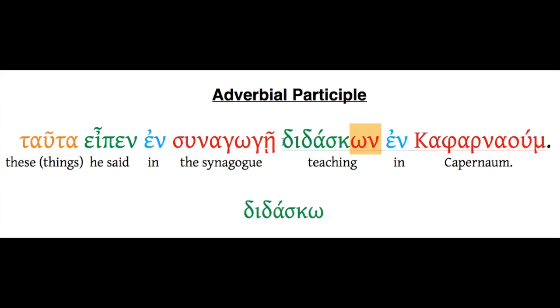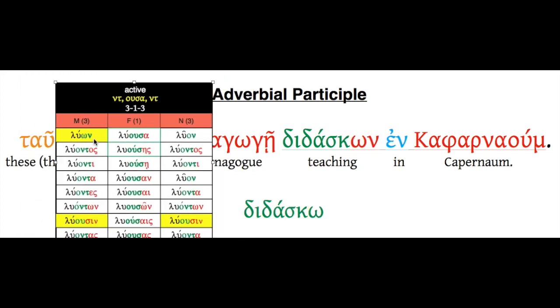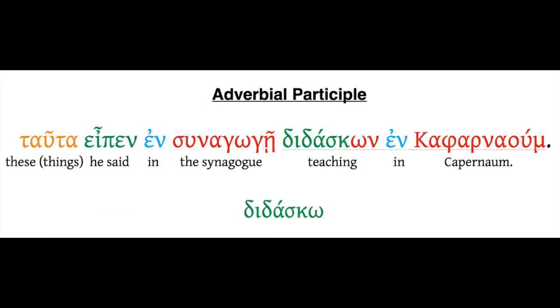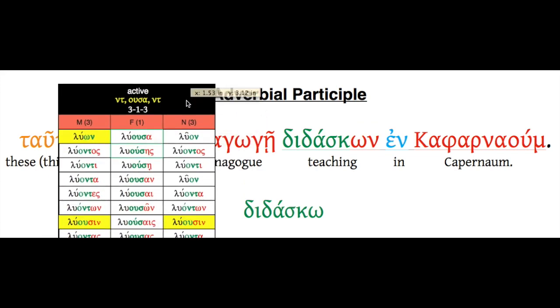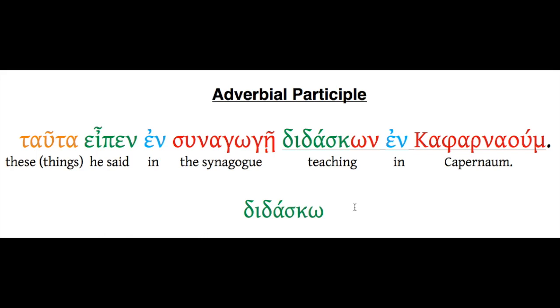Okay, so present tense, easy to see. Didask, did not change. The voice is easy because this on always means it's that weird active form we just have to get used to. And then the case, number, and gender, we know by on as well. I'll pop it up again. It's that nominative singular masculine oddball that you'll see a lot. Didaskon in Capernaum.